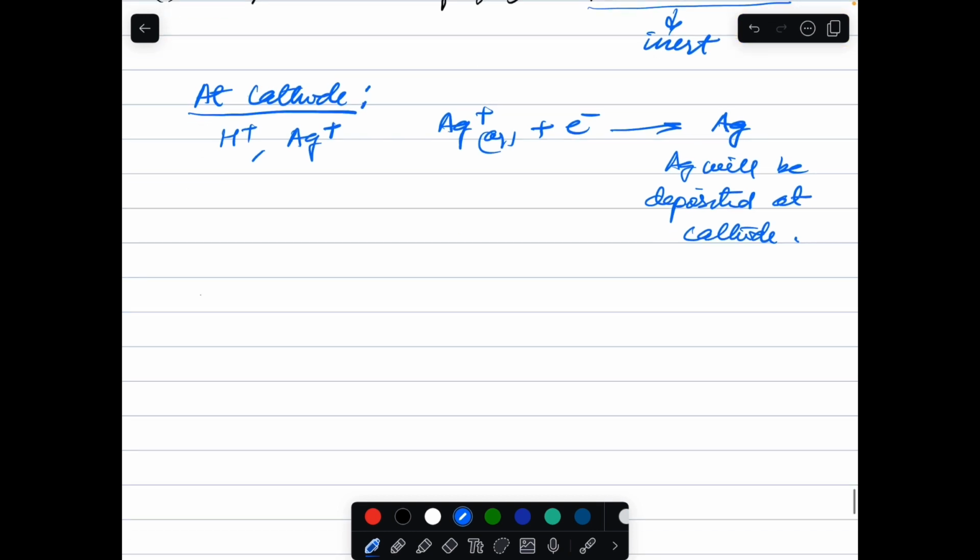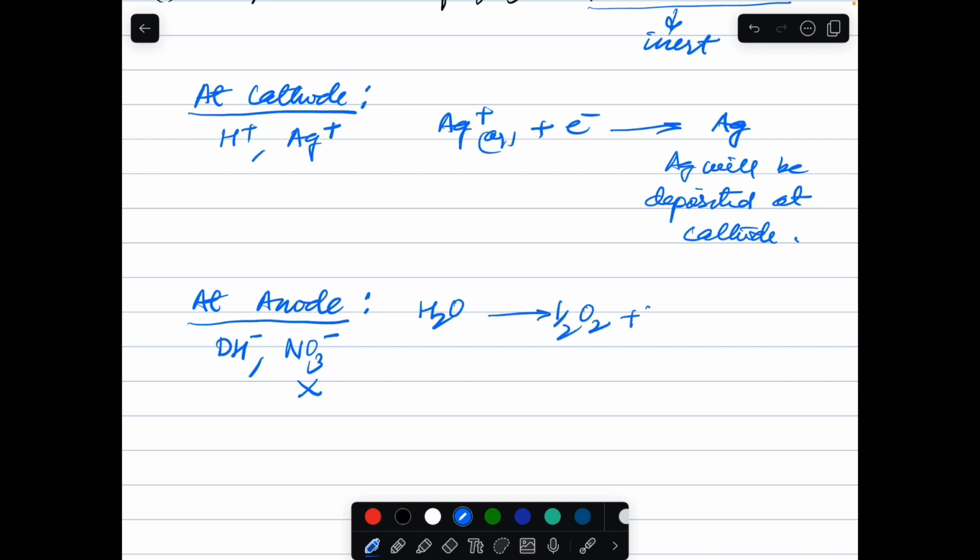Now at anode, we will not have any reaction of the electrode. So we are having only competition between your OH minus ion and nitrate ion. Okay, and in this case your nitrate ion again will not undergo oxidation. Reason I have mentioned already. So what we have in this case, at anode we will be having oxidation of water, that is your water molecule will give you half O2 plus 2H plus ion plus 2 electron.